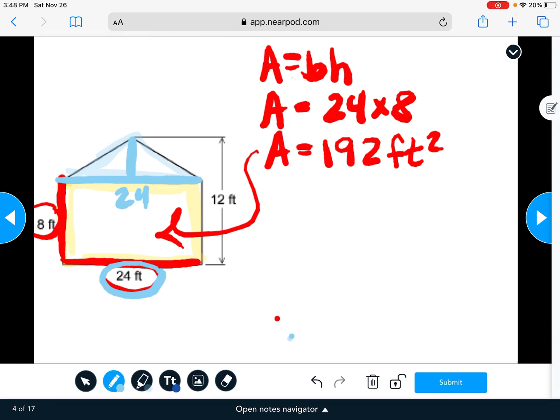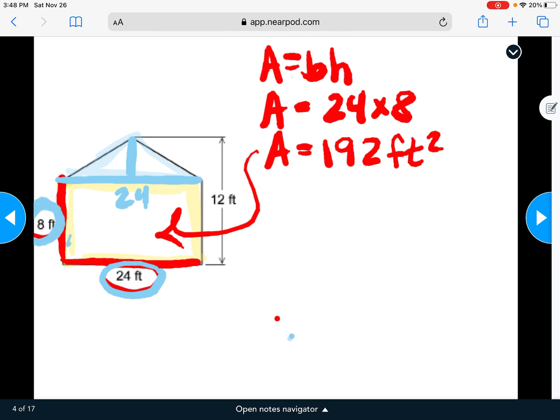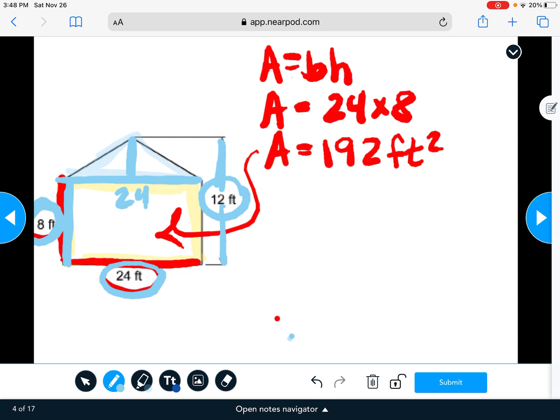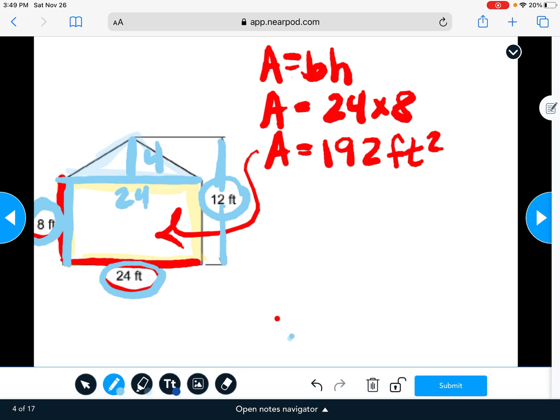So we need to look at two different heights here. I have an 8 that goes for the rectangle, and a 12, that's the full height of the house. But I just need the triangle. So I'm going to subtract 12 minus 8, which is going to give me a height of 4.